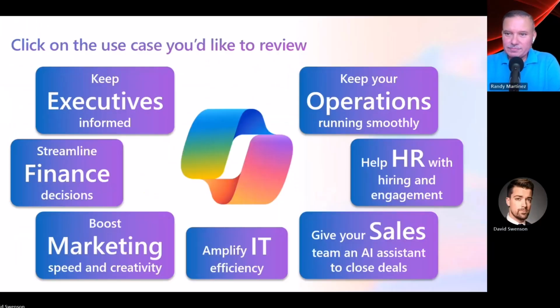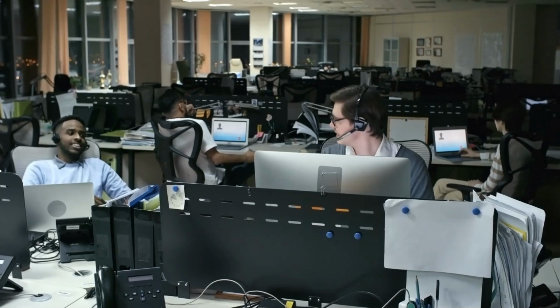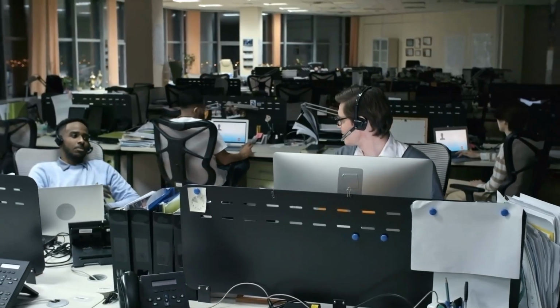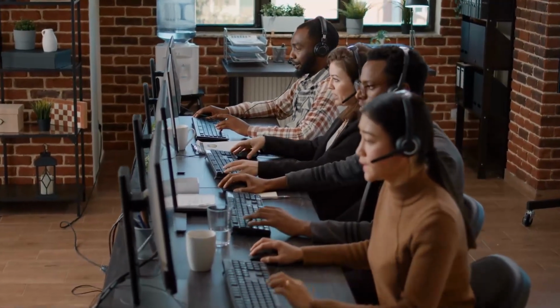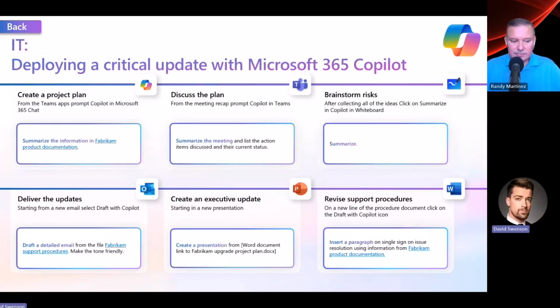Absolutely. Let's look at our last operational example here, which is IT efficiency. It's really something that every organization today, especially SMBs, are really getting into the habit of refining their IT practices. So if you're in IT, let's say we're deploying a critical update, and we need to create a plan around that for our users.